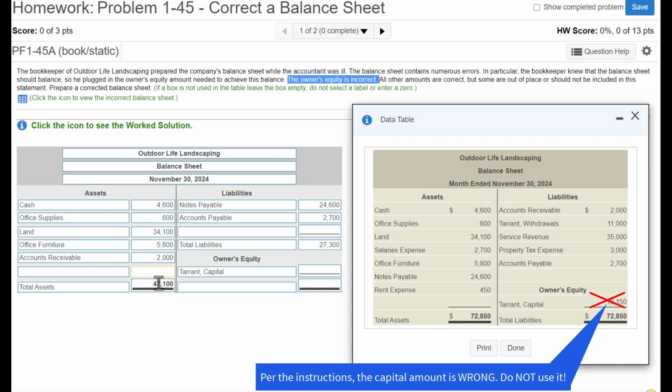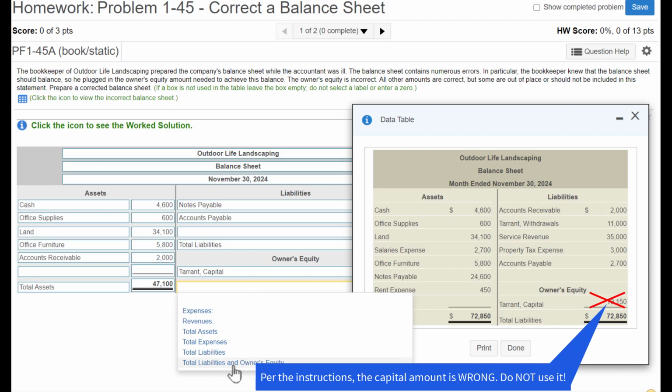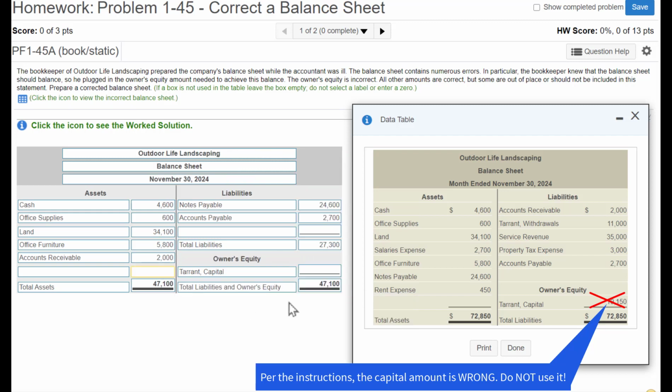So remember, total assets are 47,100. So assuming that number is correct, that has to be the same number over here. And by the way, the label is total liabilities and owner's equity. Notice they screwed up the label over here. They just said total liabilities. Anyway, I placed 47,100 here because that has to be the same amount as total assets.